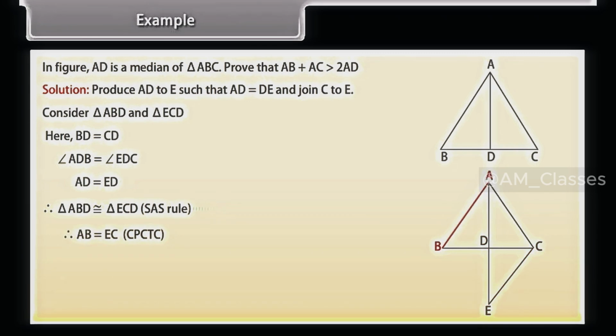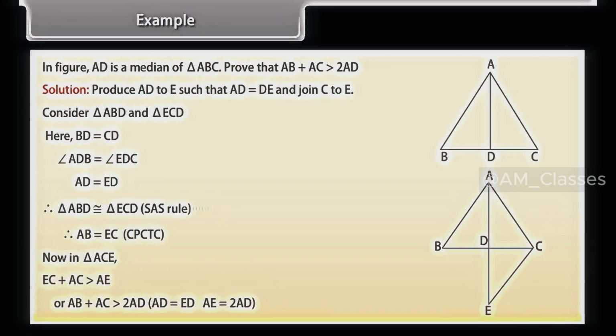Therefore, AB is equal to EC, CPCTC. Now, in triangle ACE, EC plus AC is greater than AE, or AB plus AC is greater than 2AD, because AD is equal to ED, which implies that AE is equal to 2AD.